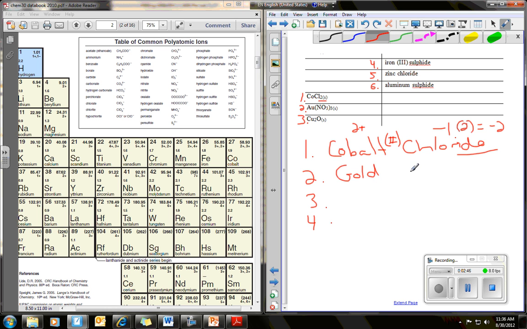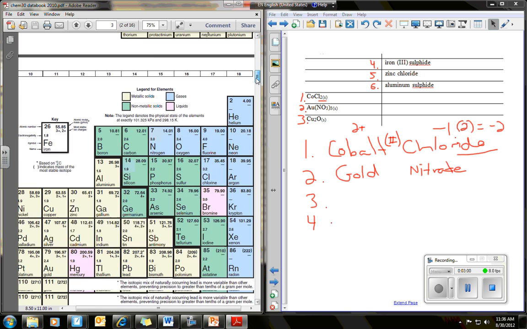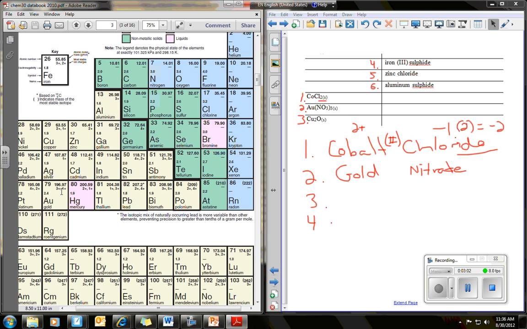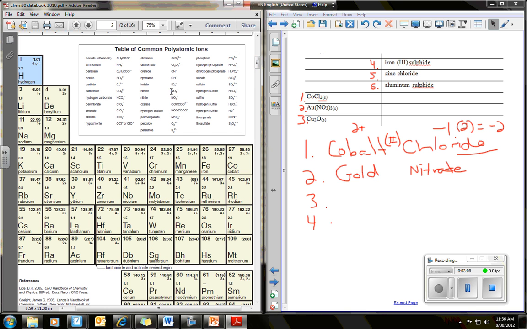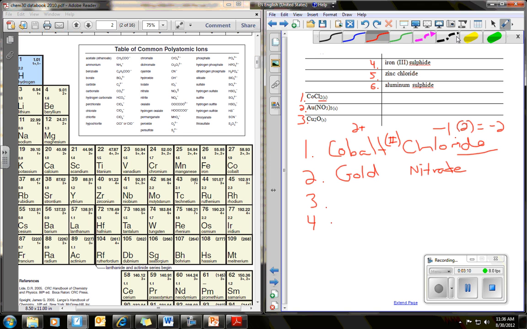So I would write gold nitrate. But again, we need to figure out which gold was used, because gold had more than one option, I believe. Let's just go check. Did gold have more than one option? It's either 3 plus or 1 plus. Nitrate is 1 minus, so 1 negative. And how many atoms of nitrate did I have?